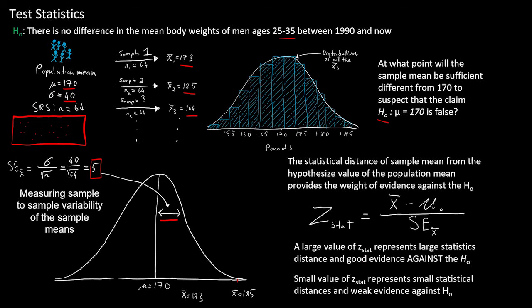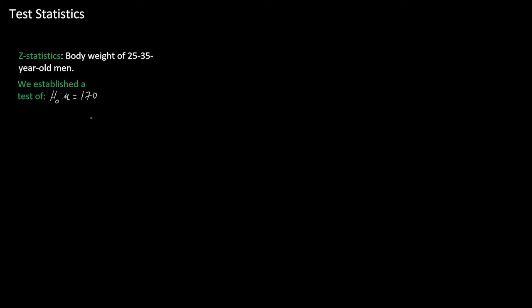Let's look at an example where we calculate the z-stat to understand this a little bit better. Going off with our body weight of 25 to 35-year-old men scenario, we had established the test where the null hypothesis is mu equals 170 versus the alternative hypothesis that mu is greater than 170.